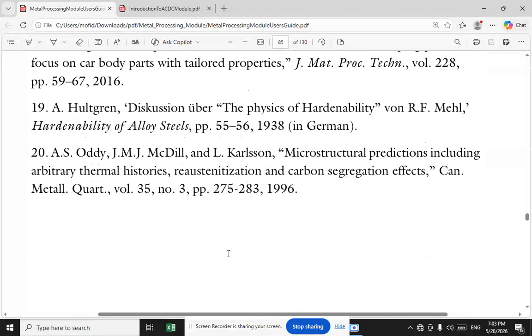The next one was written by Holtgren, and the name is Discussion on the physics of hardenability, and the next one was written by Odqvist, McDill, and Carson, and the name is Microstructural predictions, including arbitrary thermal histories, re-austenization, and carbon segregation effect.